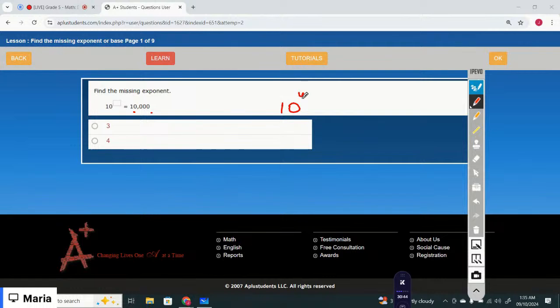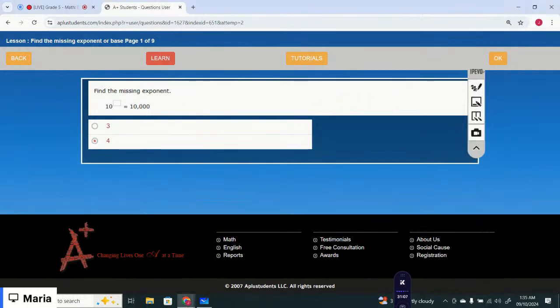So that means 10 exponent 4 equals 10,000. Got it? 10 exponent 4 equals 10,000. Option number 2 is the correct option.